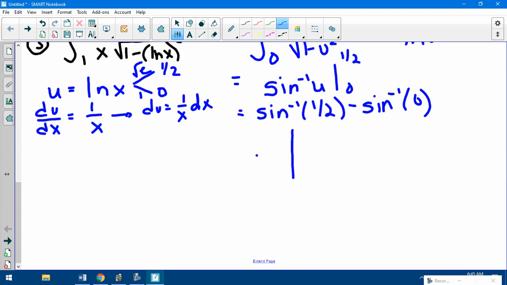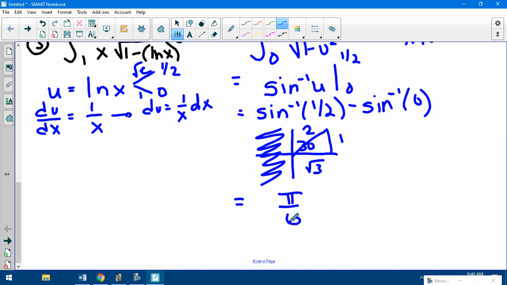Well, if you draw this out, sine inverse, you get rid of the left. Positive means I'm in the first quadrant. Sine is opposite over hypotenuse, so what's the missing side? Radical 3 gives me a 30-degree reference angle, so sine inverse of 1/2 is pi over 6.